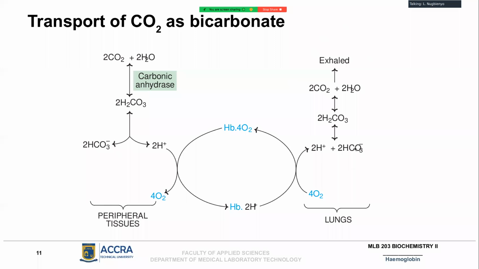This is a reverse reaction of what is happening in the tissues. It combines back to give you the carbonic acid, which further breaks down into carbon dioxide and water, and is exhaled as carbon dioxide gas and water vapor in the lungs.